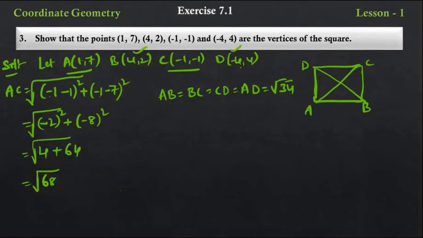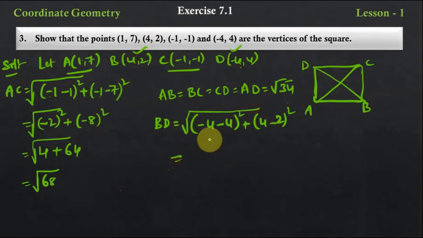This is AC. Okay, now we will find the distance between the second diagonal, that is BD. So length of BD, distance between B and D. So here B and this is D. So x2 is how much? Minus 4 minus x1 is 4, whole square, plus y2 is 4 minus y1 is 2, whole square under root.